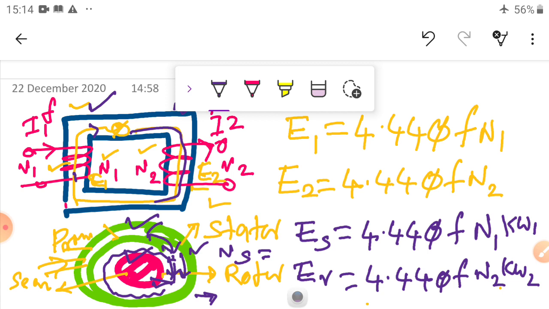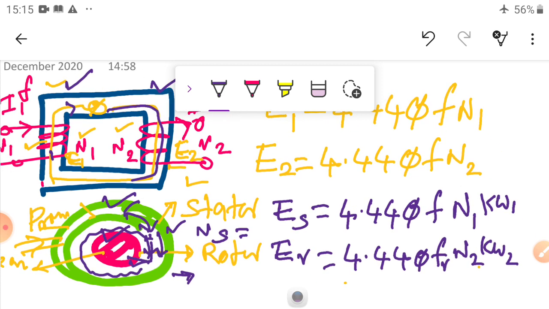At rotor standstill condition, the rotor frequency FR is equal to the supply frequency, and this is the voltage.